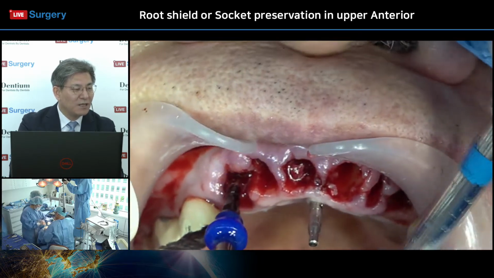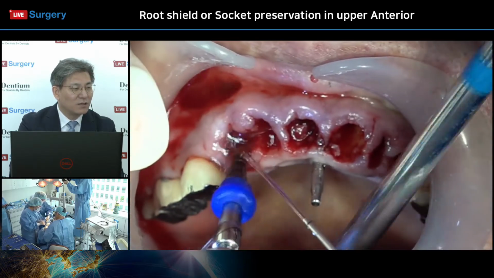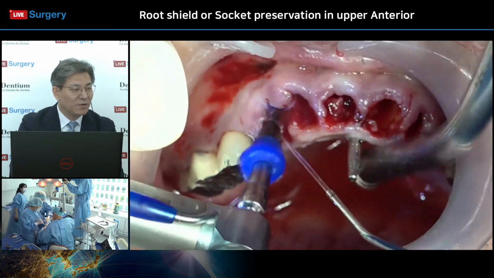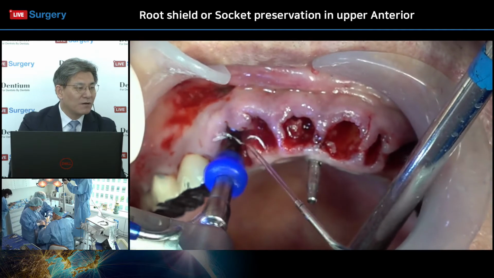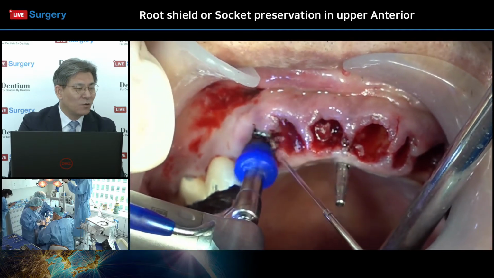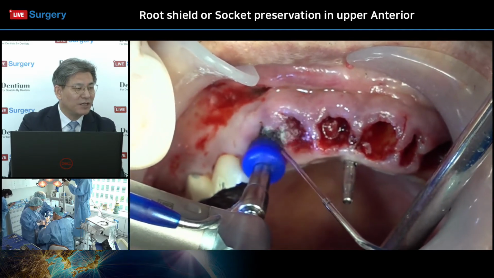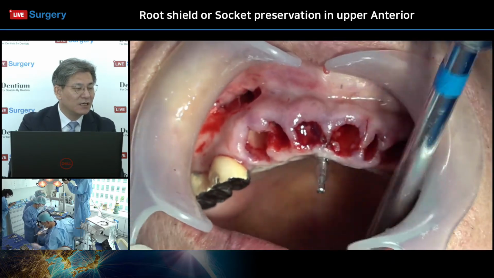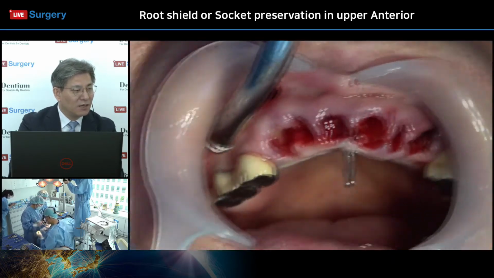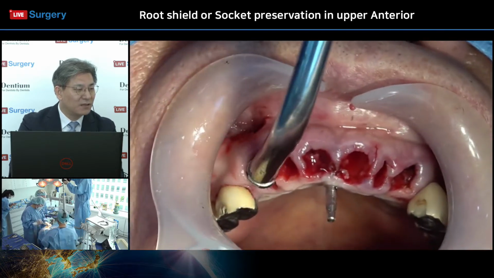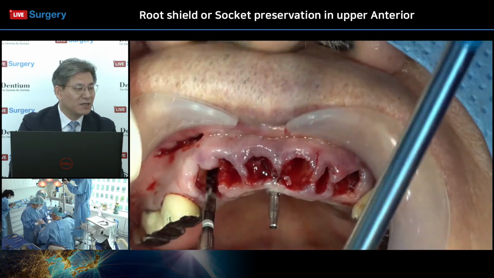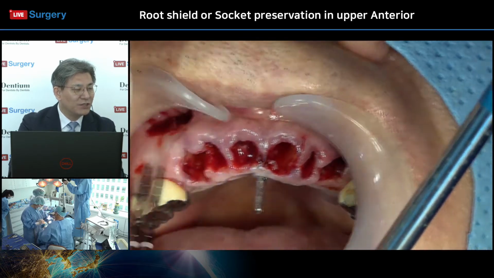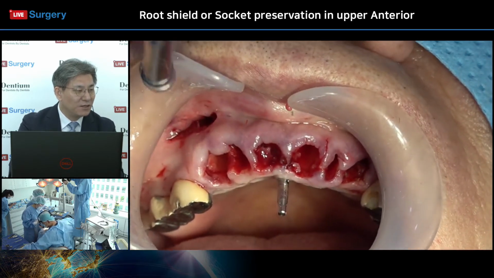So for the final crown, we can measure the mesiodistal diameter before the final processes. When we have an implantation with a drill with this blue ring, we can estimate and predict the final restoration diameter, so we can do the implantation in the ideal position.